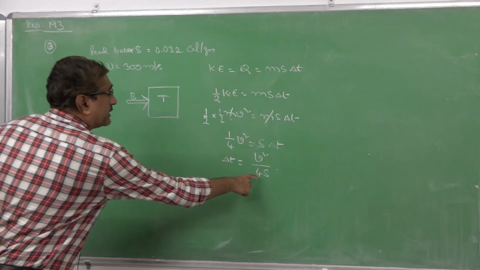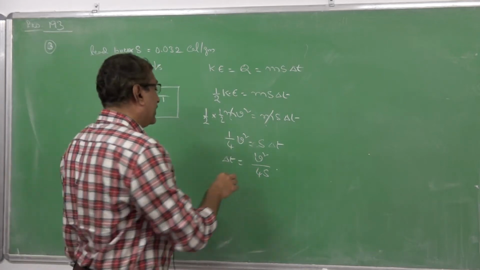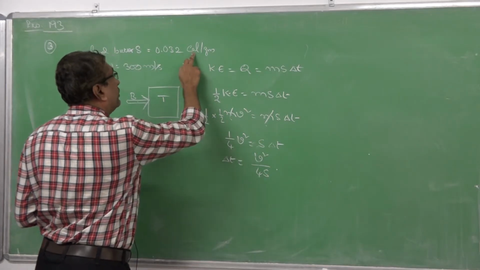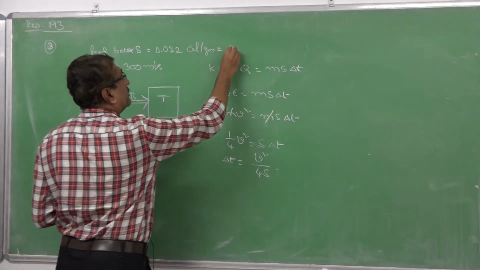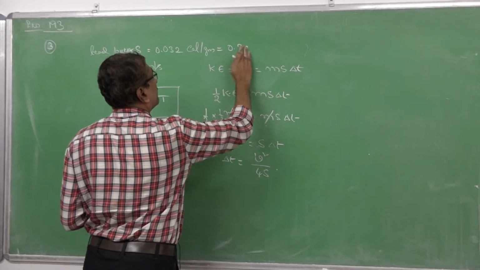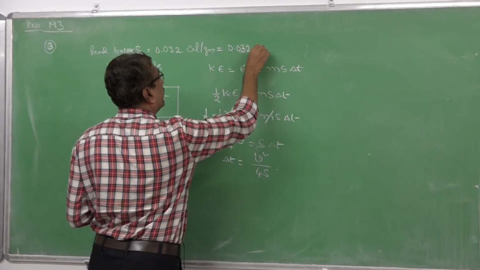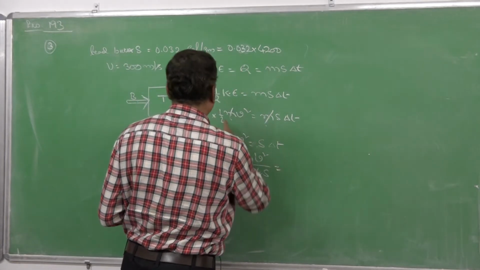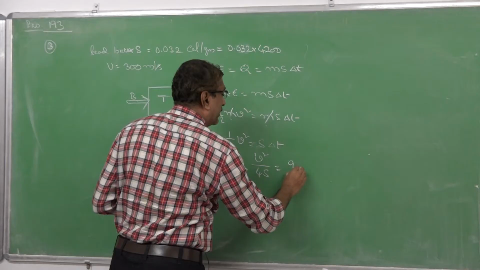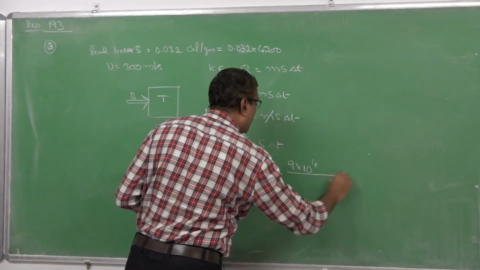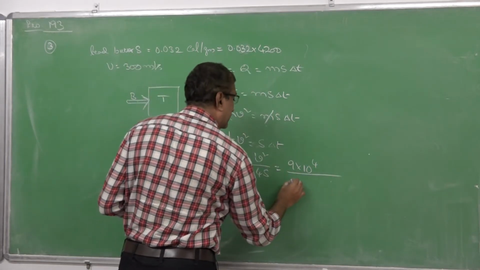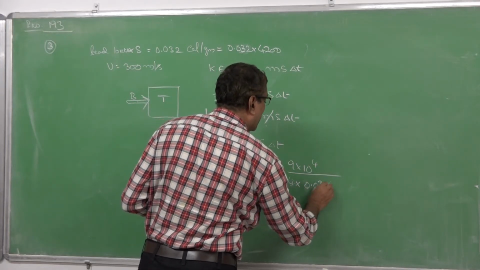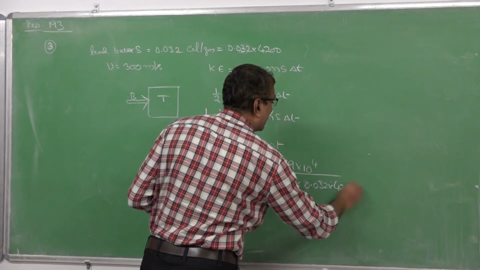Now s and v are given, but v is in meter per second, whereas s is in calorie, so you have to multiply s by 4200. So 0.032 into 4200. 300 whole square means 9 into 10 to the power 4, by 4 into 0.032 into 4200.